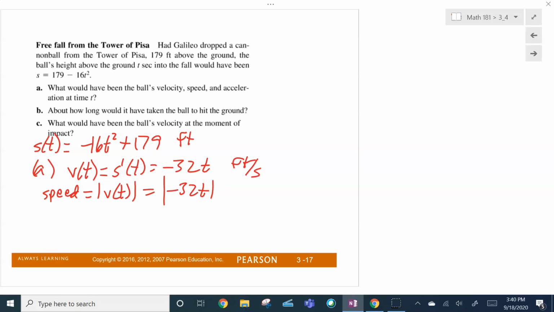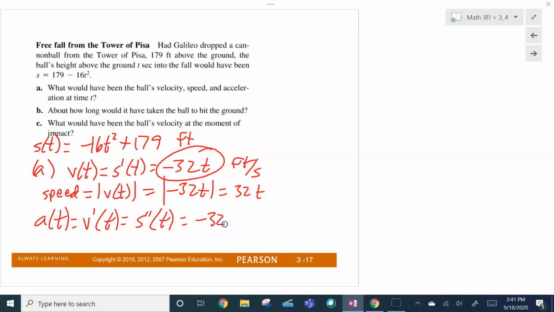So the absolute value of negative 32t is 32t. Acceleration is the derivative of velocity, the second derivative of position. So I take the derivative of negative 32t, negative 32. And this is feet per second squared. There's our acceleration.